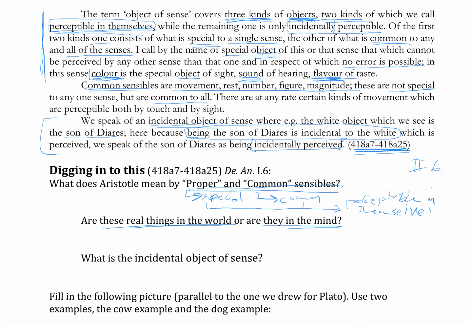I mean, it seems like the blue in my sweatshirt is out in the world, or the sound of the birds chirping is out in the world, or the flavor of eggplant parmesan is out there in the world. And so we're going to say that they're real things in the world.